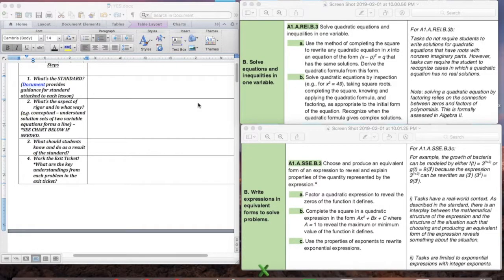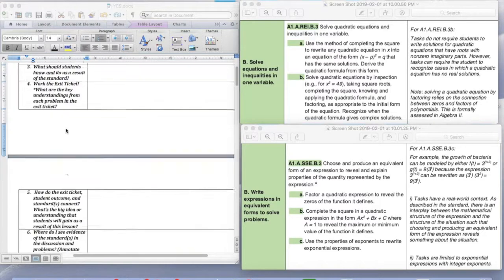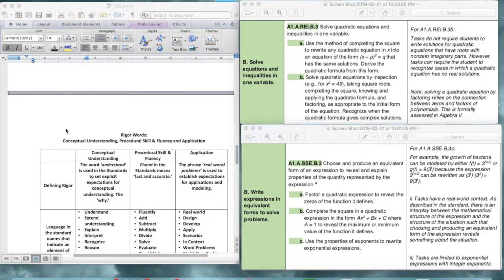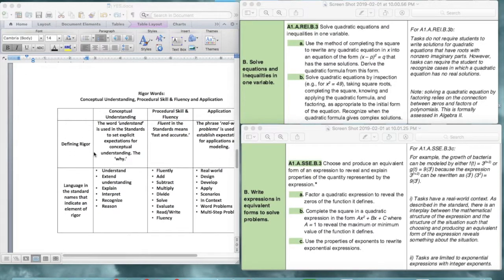The next thing that we want to look at is what is the aspect of rigor, but also push ourselves to think about in what way. At the bottom, there's a document that gives us guidance in terms of looking for words that let us know what aspect of rigor should be taking place.